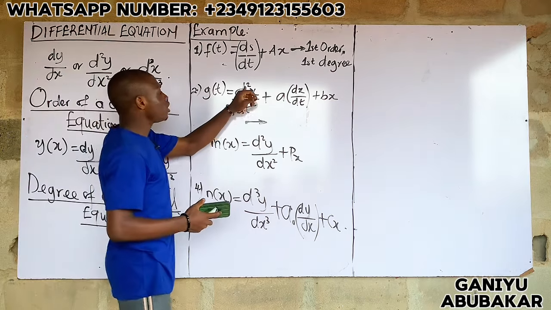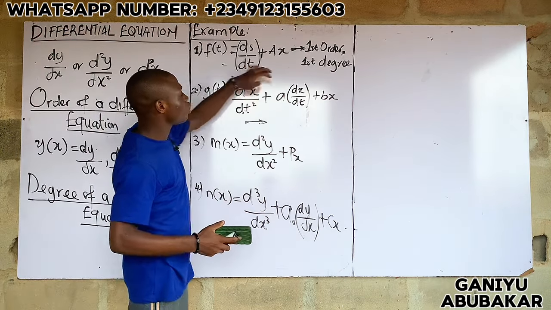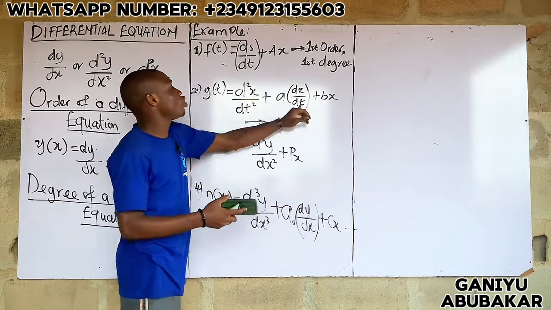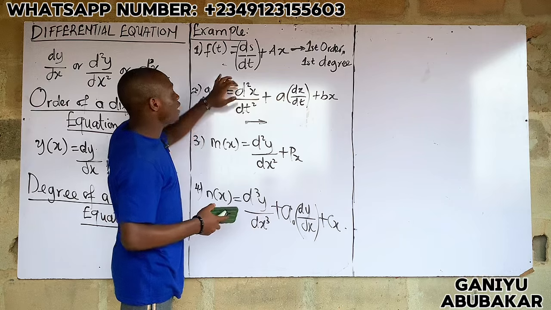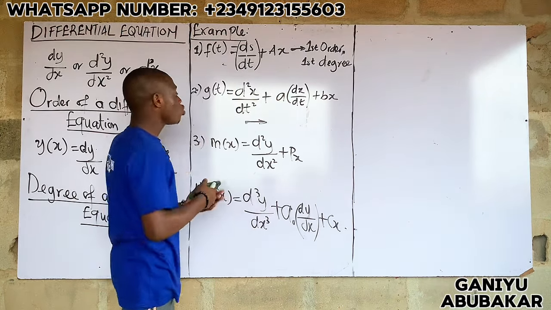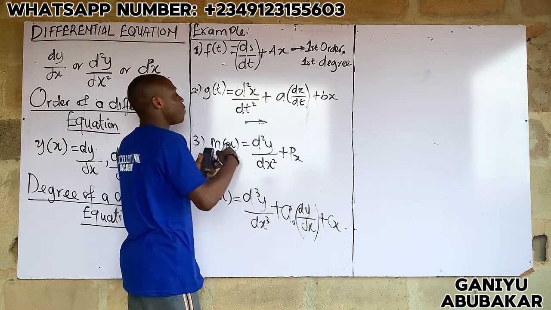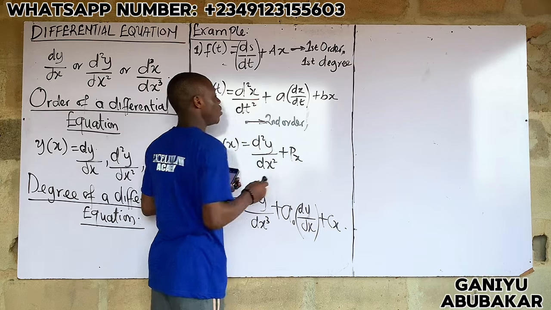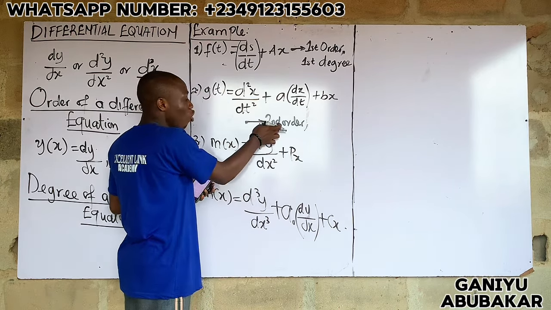This one is squared. This one has the power 1. Which one of these two has the highest power? Of course, it is the squared x over t squared. So the order here becomes 2. That becomes second order.